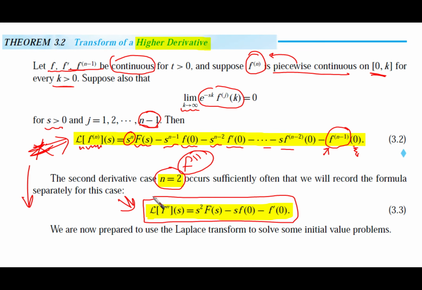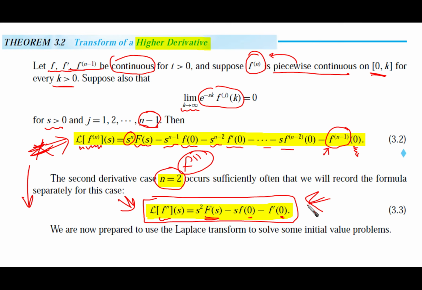which is the second derivative Laplace transform. The Laplace transform of the second derivative equals s squared times the Laplace transform of the function, minus s times the function evaluated at 0, minus f prime of the function evaluated at 0.